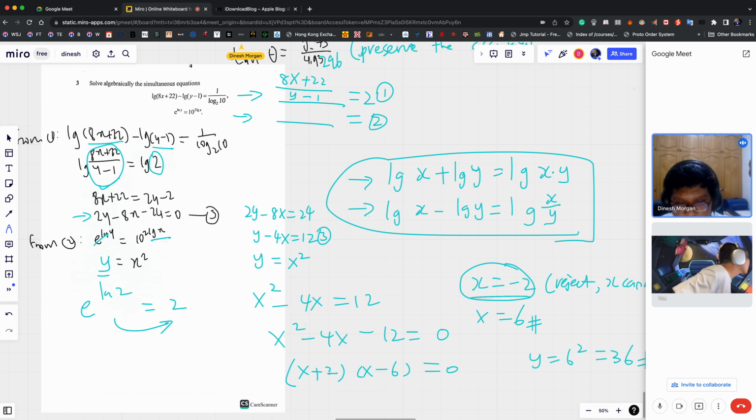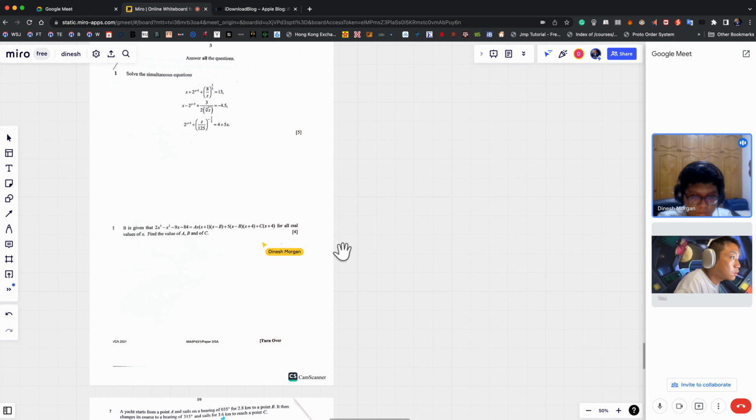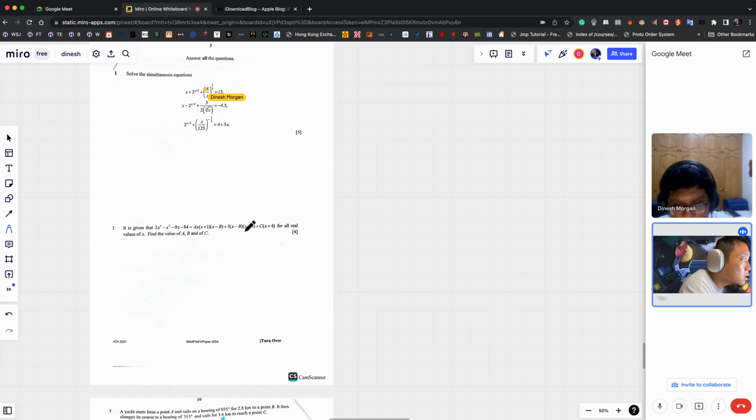If it's just comparing coefficients, I think it's quite easy. I just want to know if it's actually just comparing coefficients. Question 2, page 1. Given that it holds for all real values, find the values of a, b, c. Yep, you have to open the bracket, then compare left and right.